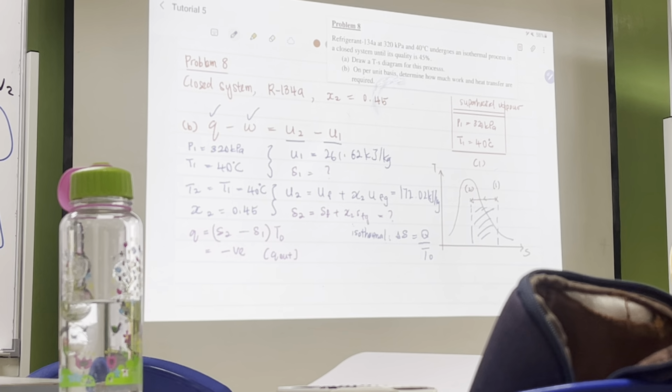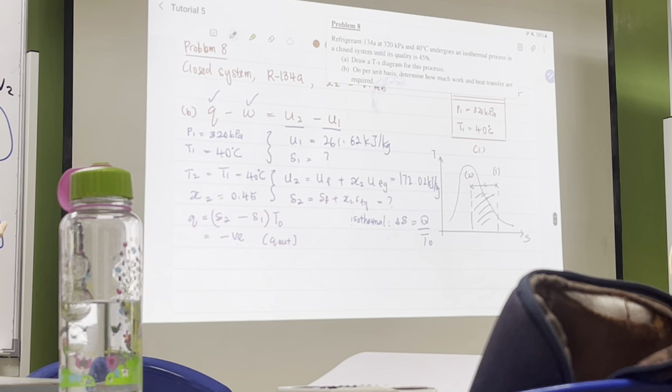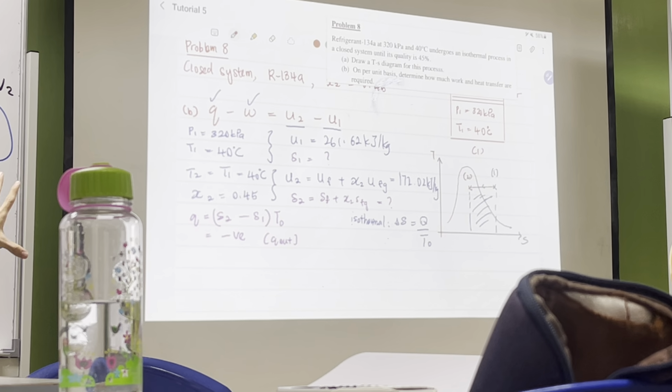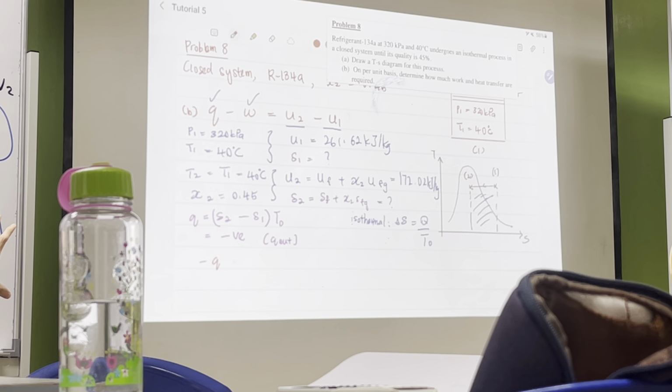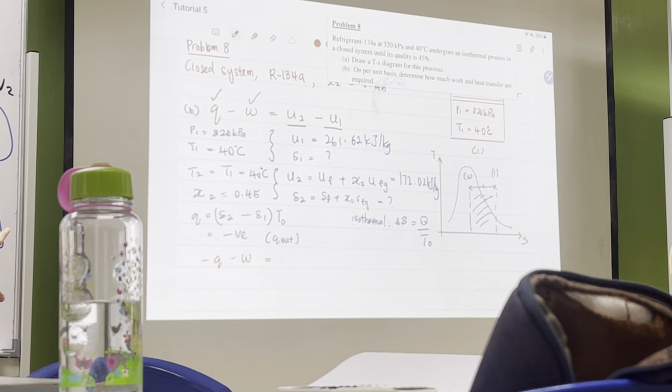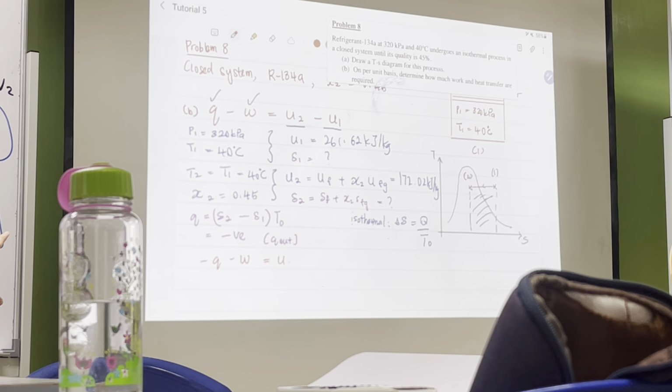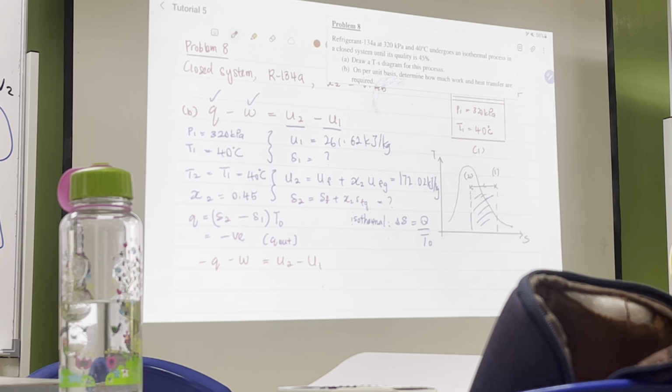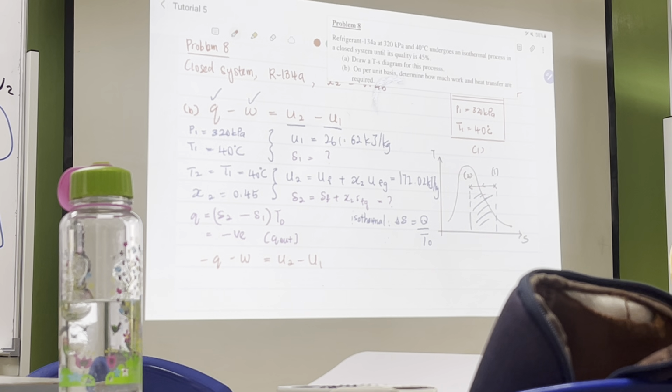So if you sub in this Q out value, now if you are using this complete Q minus W equation, this original equation, then you need to sub in the entire value including the negative sign. So your equation becomes negative Q minus W equals U2 minus U1. Something like that.